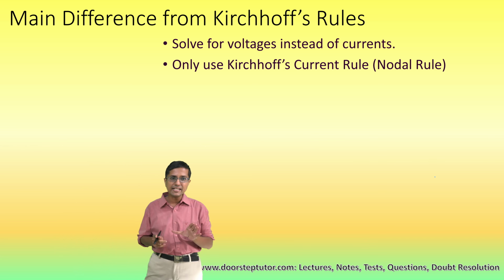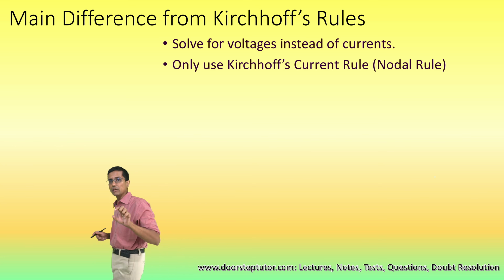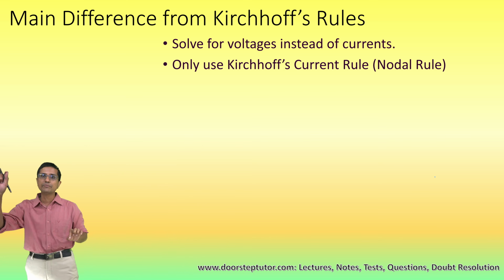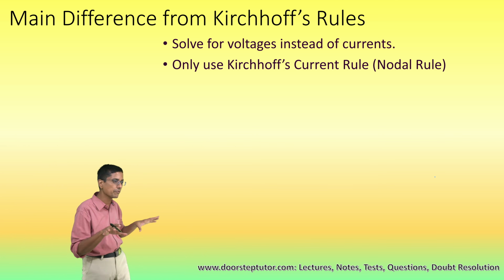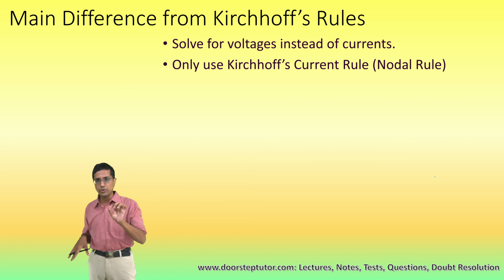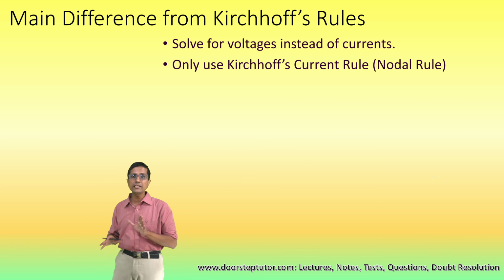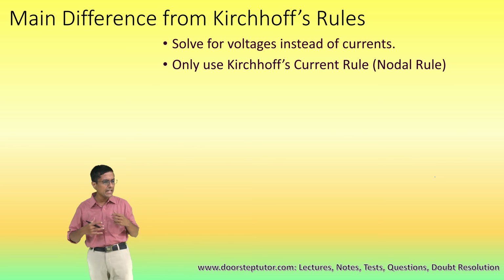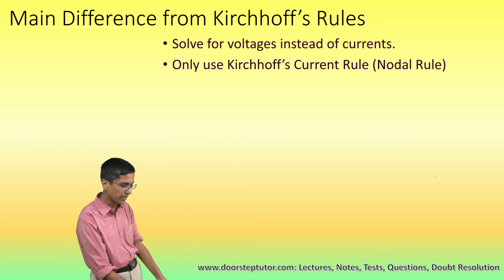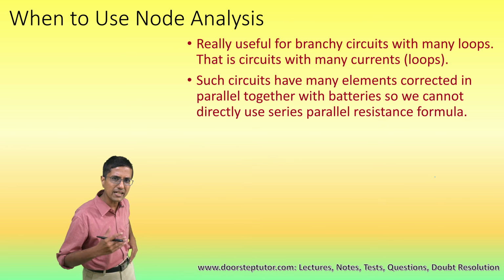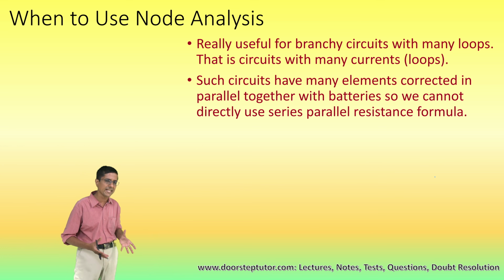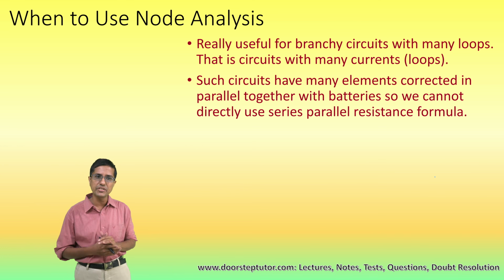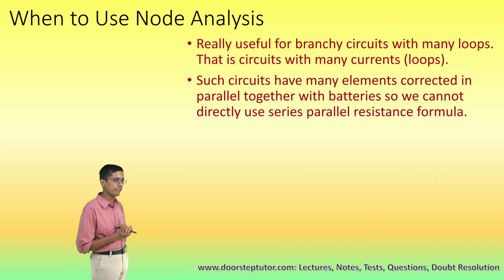The second thing is that we only use the current rule for those nodes where the voltage is unknown. We are not using the mesh rule at all, and that is another simplifying factor, because using the mesh rule slightly complicates things. There are a lot of signs you need to take care of, and sometimes students make mistakes there.